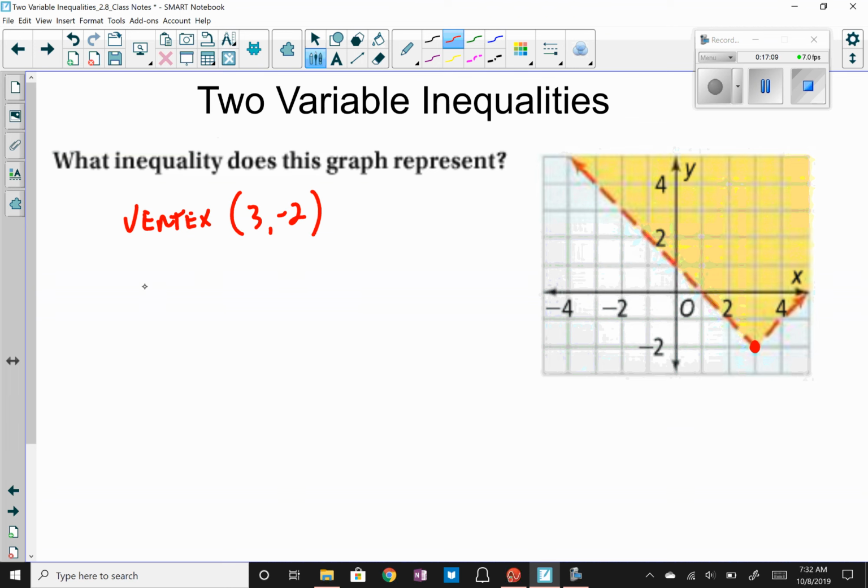Okay, so we know it's going to be y, and we have to figure out the inequality symbol, but on the other side it's going to be the absolute value of x minus 3 and then minus 2. We need to figure out what symbol is going to go there. So we notice that the shading is above the line and that the boundary lines are dashed. So it's going to be y is greater than the absolute value of x minus 3 minus 2.